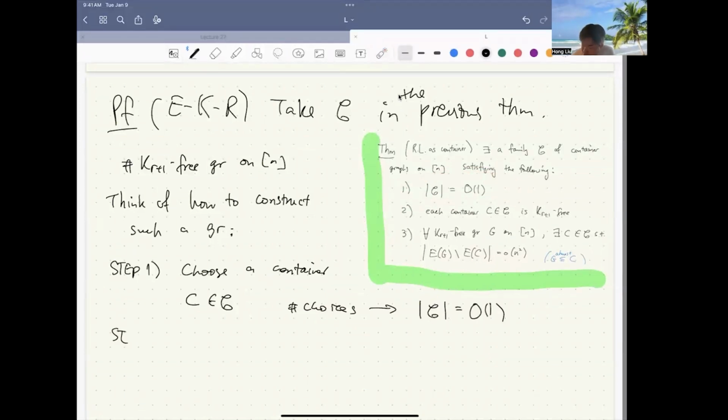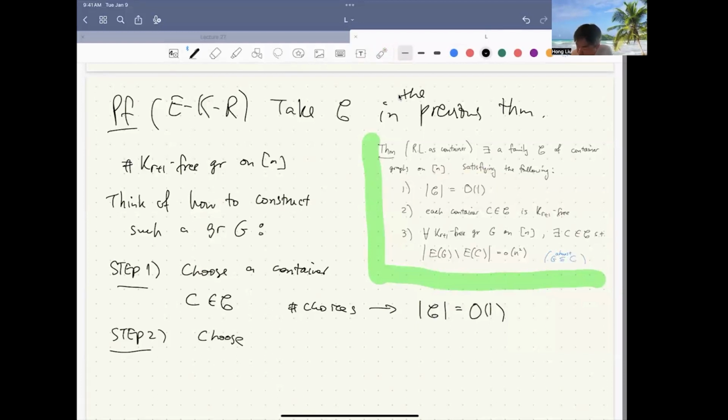Step 2, after you choose the container, you then choose a subgraph of the container: you choose some edges of the container to be included in G. How to construct such a graph G?